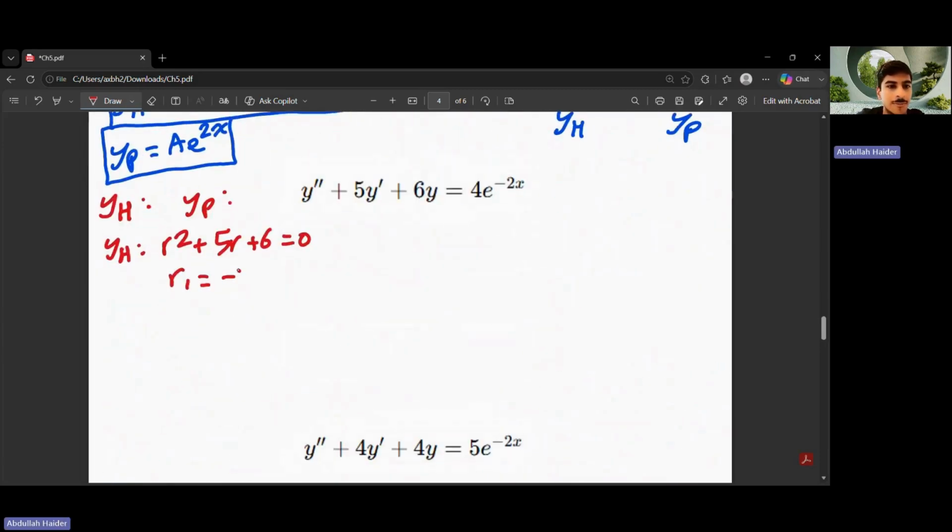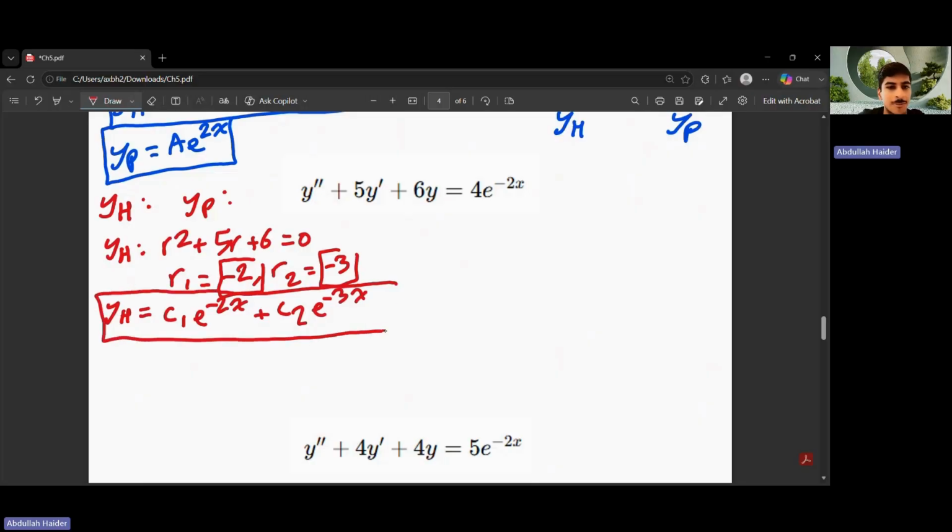R1 is -2, and R2 is equal to -3. So now you write the homogeneous solution. Since these are distinct roots, -2 and -3 are different, we will have C1 e power -2x plus C2 e power -3x. This is our homogeneous solution to the problem.